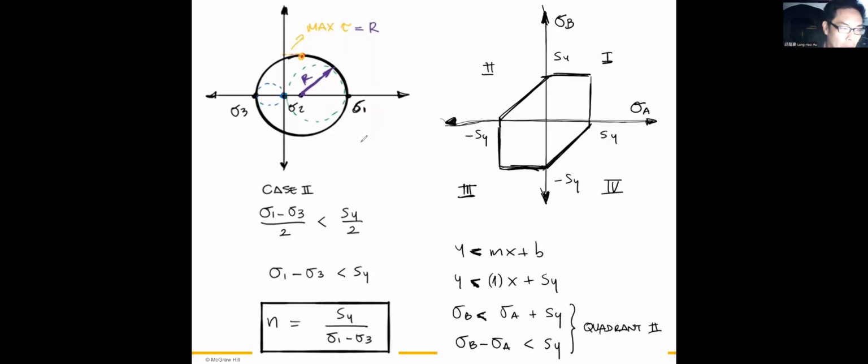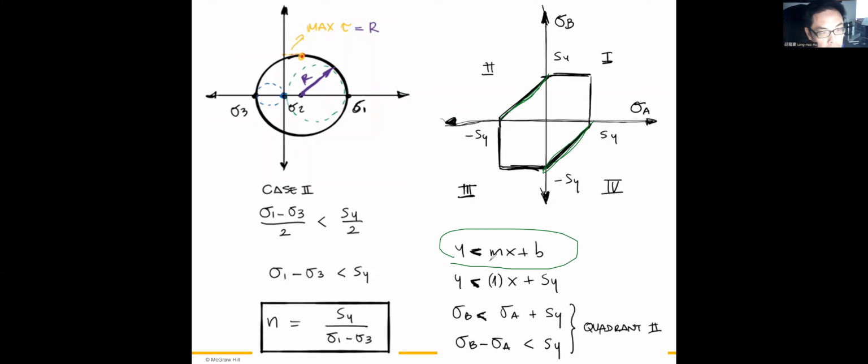And from this stress envelope, we can figure out the linear equation in the second quadrant and the fourth quadrant, right? It's similar to what we already learned from the previous course. We defined the linear relation y equals mx plus b, where b is the intercept of the y-axis.